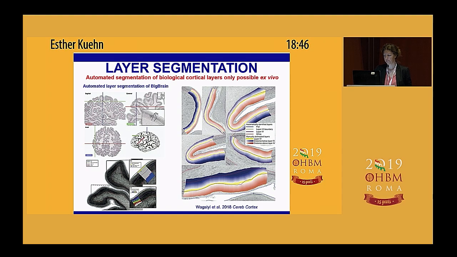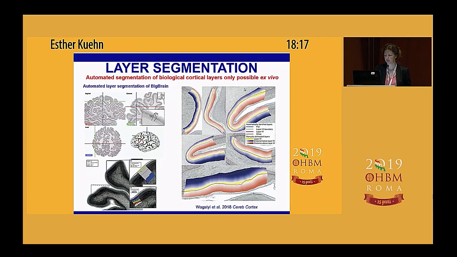A further, I think, important aspect about the quality control of high-resolution data is to think about how you actually finally segment your tissue, because mostly when you do 7 Tesla imaging, you actually do want to have sub-millimeter and very accurate segmentation of the different tissues involved. And this is here one example of an algorithm that was developed to automatically segment biologically based cortical layers in the BigBrain.